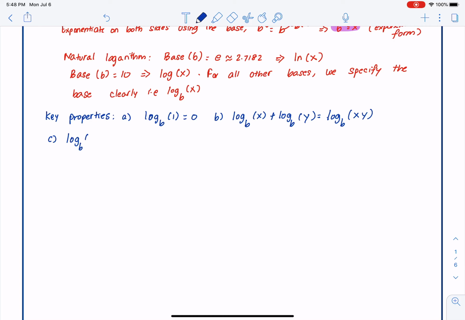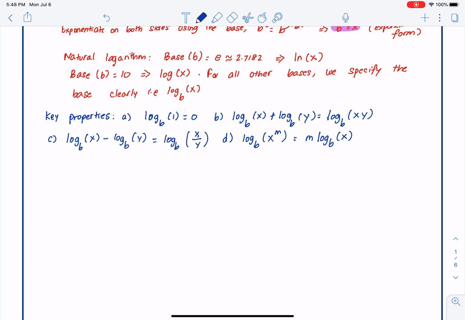Logarithm of x minus the log of y for any base is simply the log of x over y. Log of x raised m, where m is some number, we could simply write it as m times log of x.